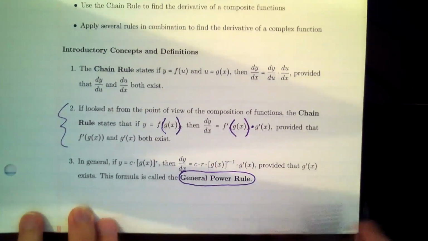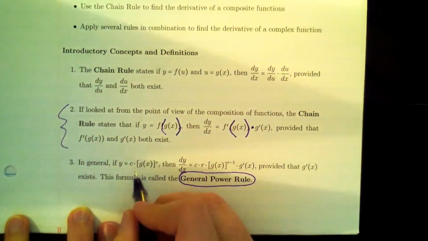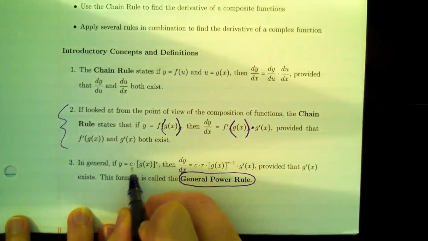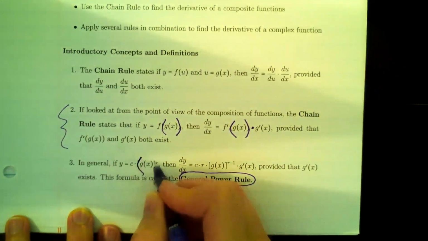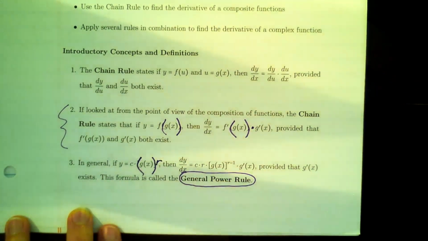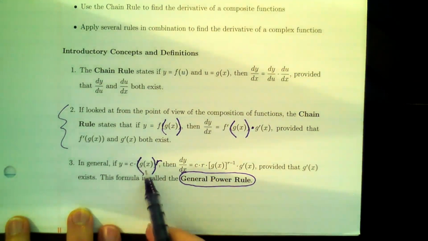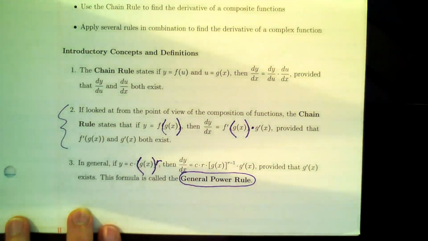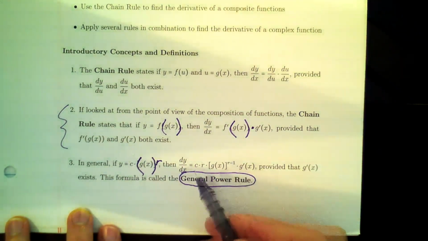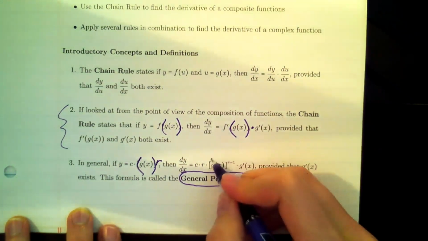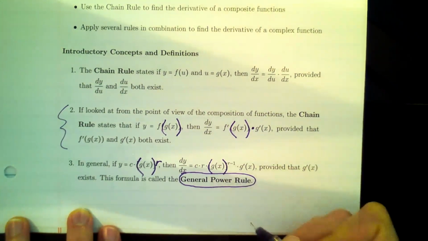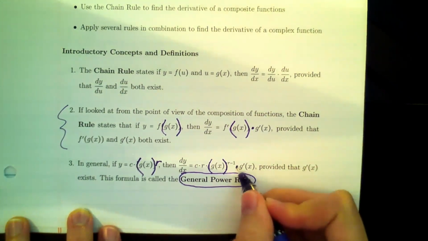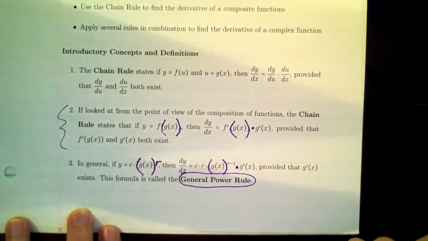Now the general power rule, we're going to see very soon, is when you have some kind of constant we call c, where you have some function, this is where I have something raised to the power of r here. So if you have a constant times something raised to a power of r, then the derivative is given by c times r times that something to the r minus 1 power, where you multiply by the derivative of the inside function.